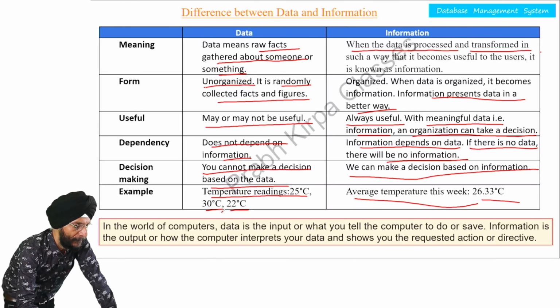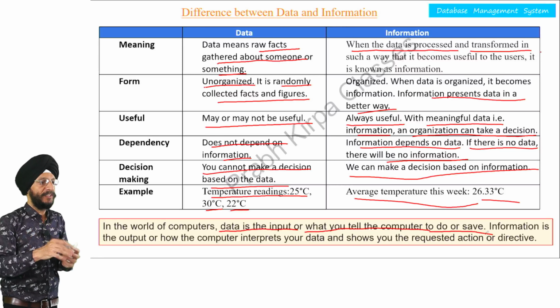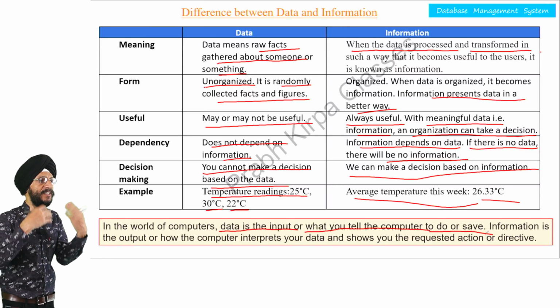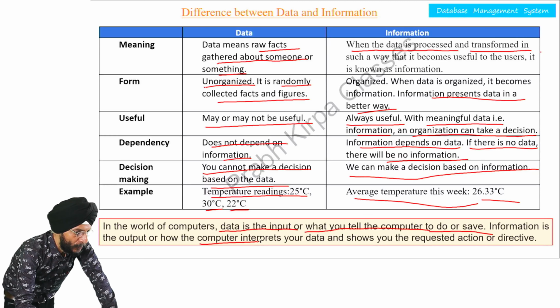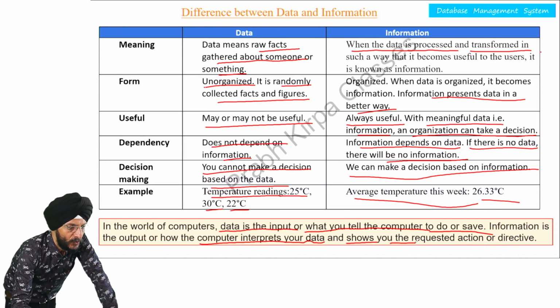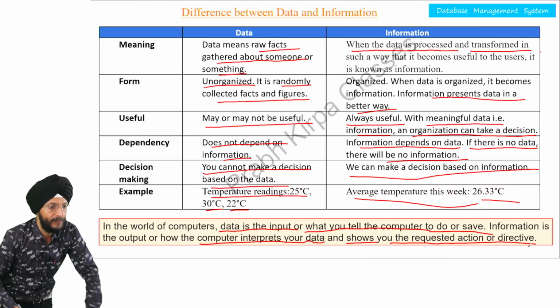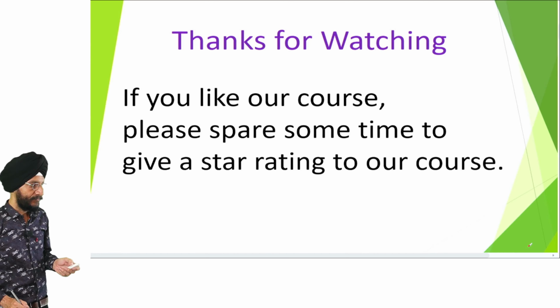In the world of computers, data is the input, or what you tell the computer to do, save. Information is the output, or how the computer interprets your data and shows you the requested action or directive.